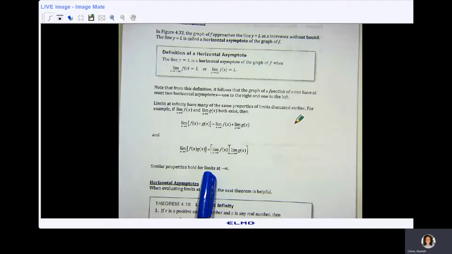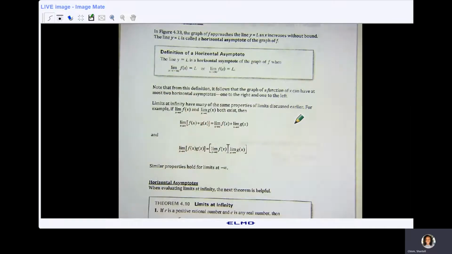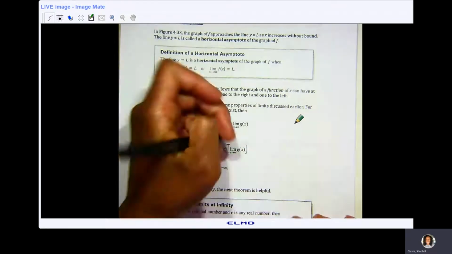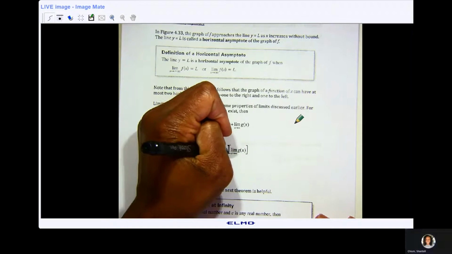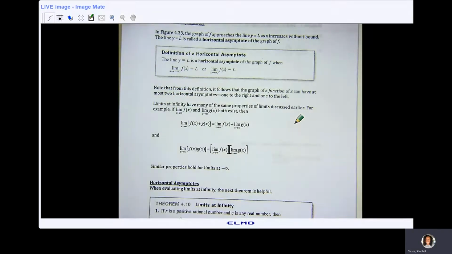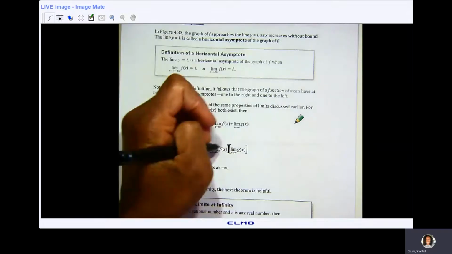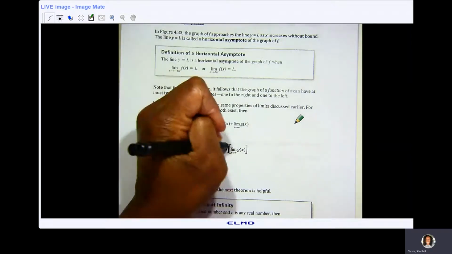Likewise, if you have a product, you can evaluate each limit individually and multiply together. For some reason my notation looks like a single line, but it shouldn't be. It should be separate: the limit of the first one times the limit of the second.